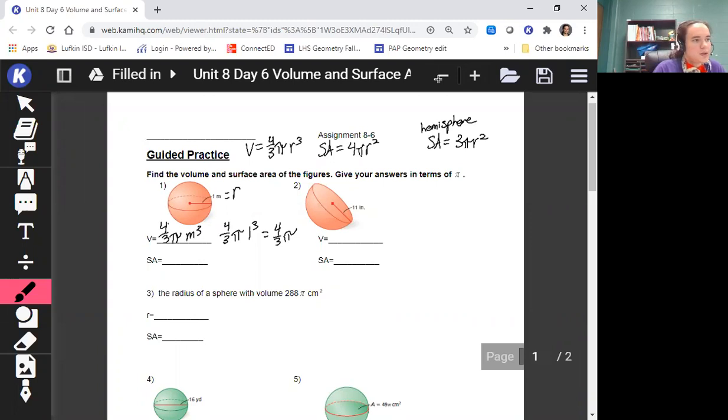And then surface area, 4 times pi times your radius of 1 squared. And that gets you 4 pi meters squared.